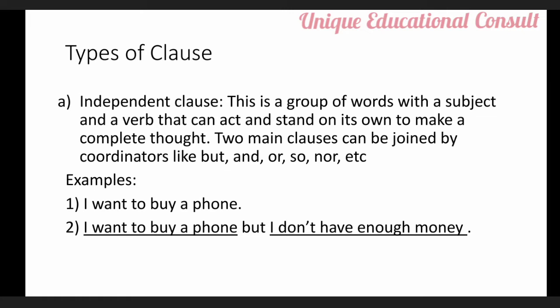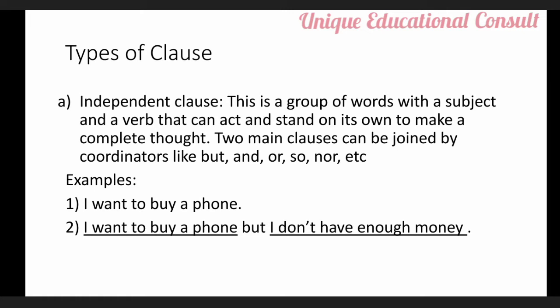That is a complete sentence, and that consists of only one clause. Number two, we have two main clauses precisely joined in sentence number two. The first one is, I want to buy a phone, as we have it in sentence number one. Then we have the introduction of a coordinator, which is but.